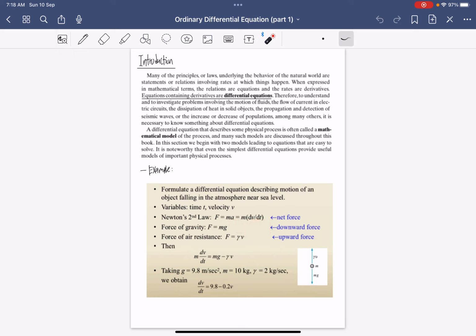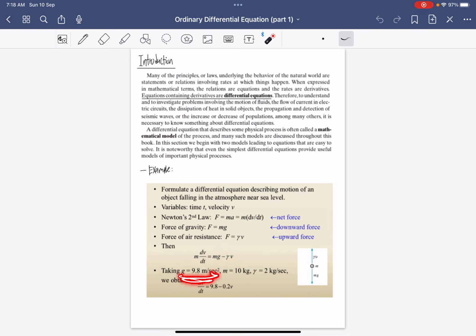With the force of gravity being F equals mg and the air resistance being F equals gamma v, the net force must equal the downward force minus the upward force, because the ball is falling down. So of course down is larger than up.